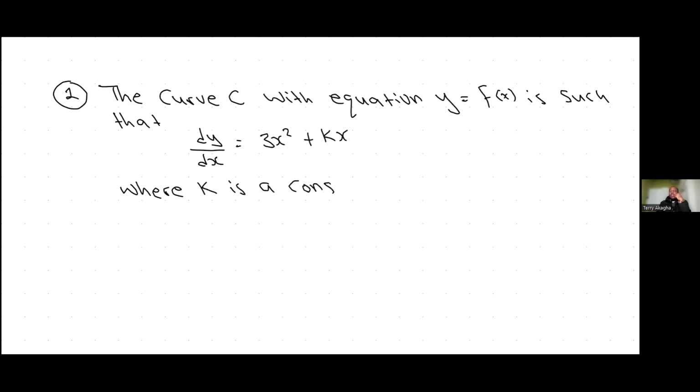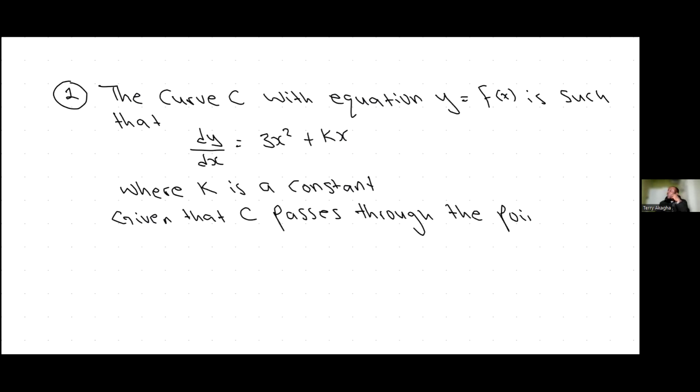Now they were told as well that given that C passes through the points 1, 6 and 2, 1.